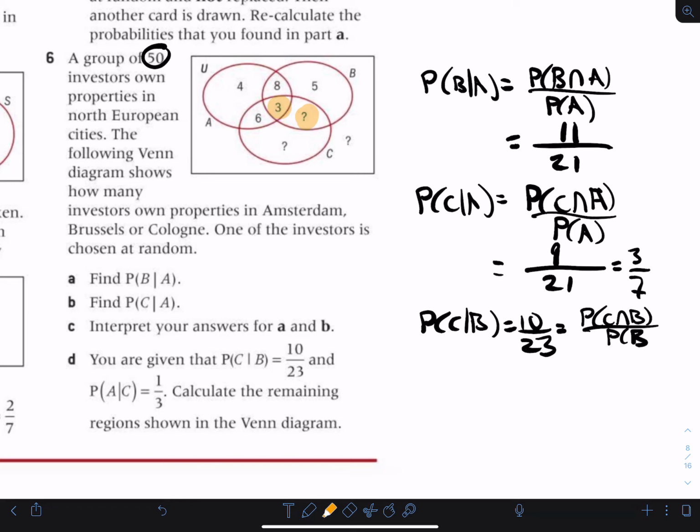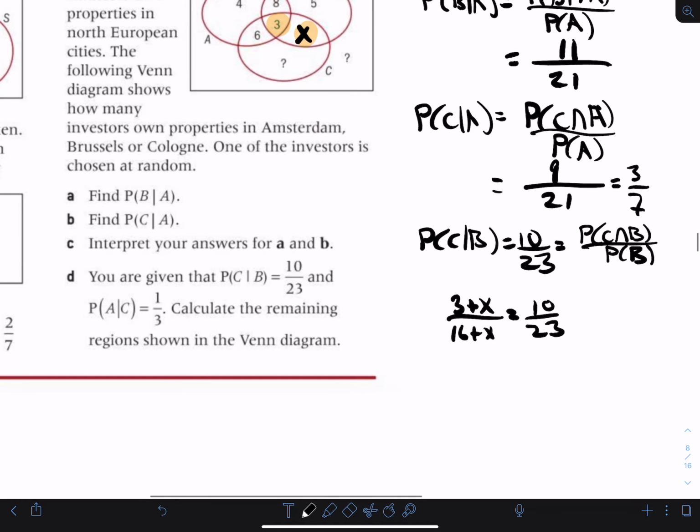Okay, so it'd be 3 plus, I don't know, divided by the probability of B. So let's see if I can set this up. Let's call this X. The number of things that are in C and B is 3 plus X. The number of things that are in B are 8 plus 5 plus 3 plus X, so 16 plus X, and that'll be equal to 10 out of 23. There you go. A nice little bit of algebra there.